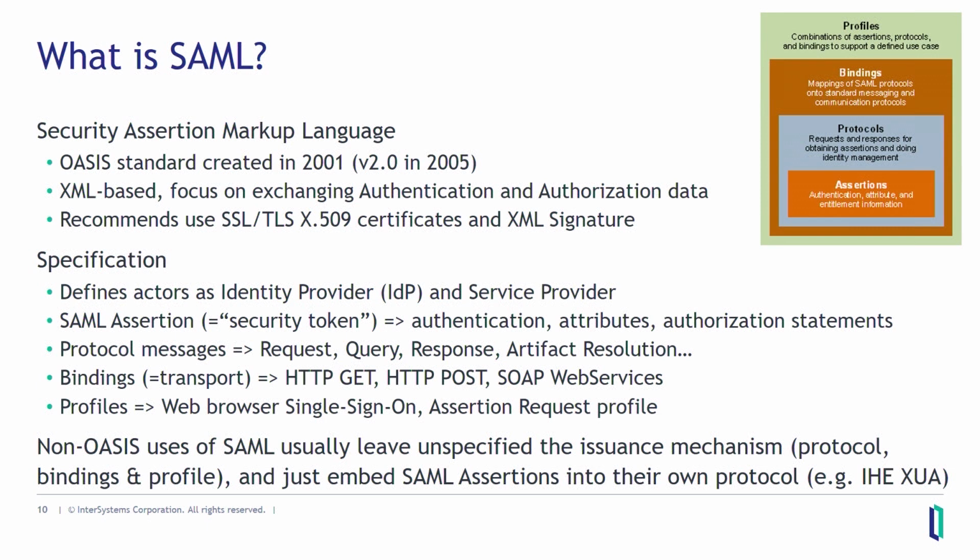And all the other objects that encapsulate it correspond to how you're going to handle it. So you have first protocol messages that are going to say, this is how you package a SAML assertion into a request or a response or a query. And you have the special case of artifacts where you're going to have random sequences that can be made equivalent to a SAML assertion.